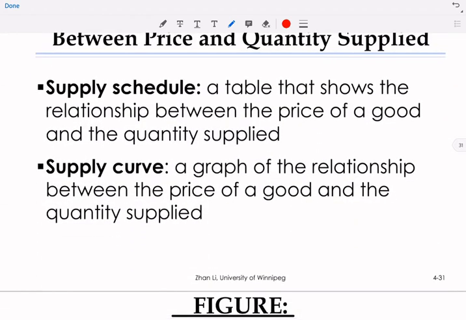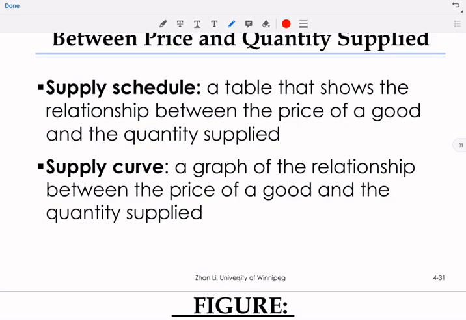Now, supply schedule. So supply schedule is basically a table that shows you the relationship between the price of a product and the quantity supplied. Again, you can compare this with demand schedule, right? Demand schedule is also a table. However, it gives you the relationship between the price and quantity demanded.